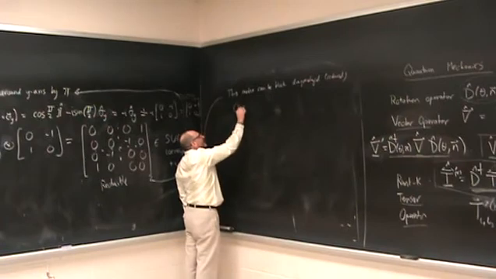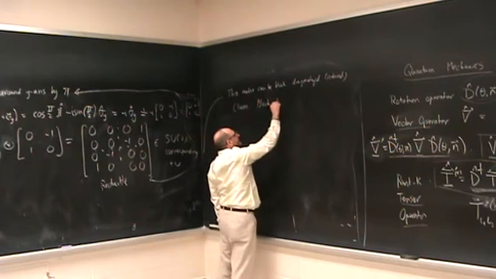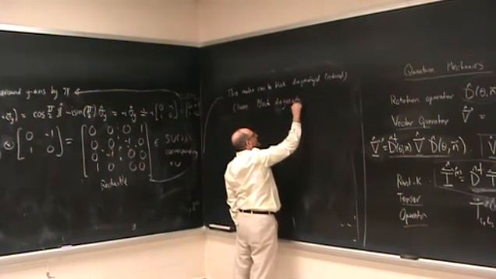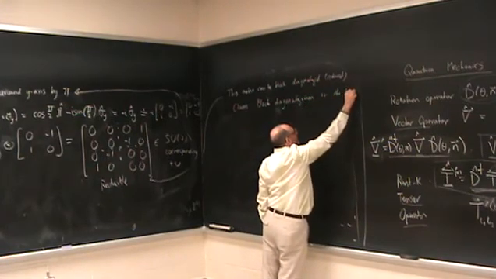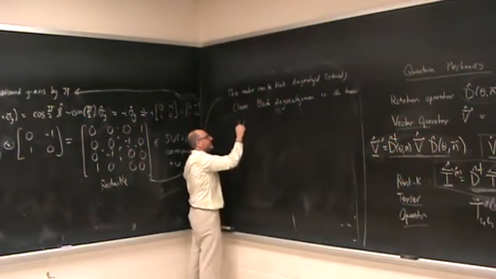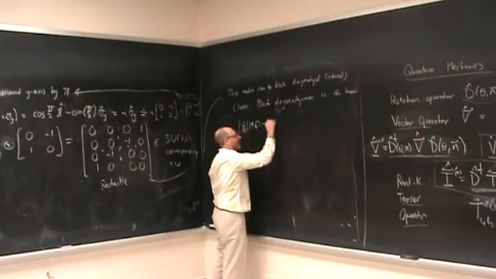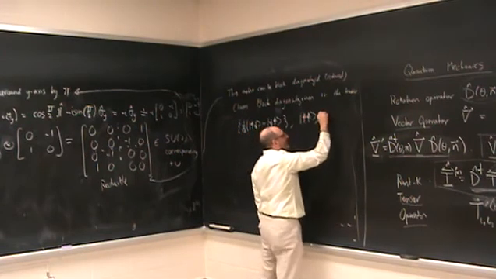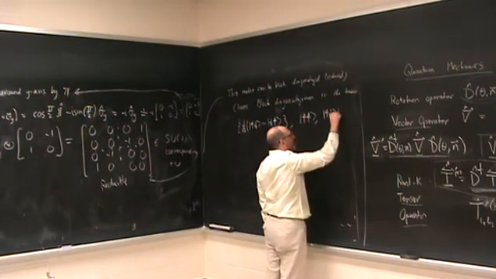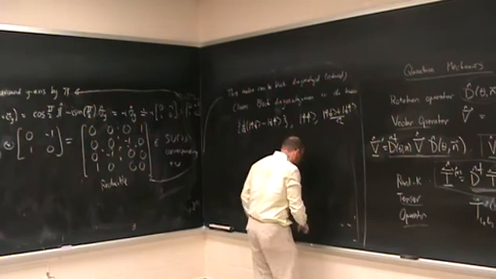So I claim block diagonalization in the basis: up down minus down up, up up, up down plus down up, down down.